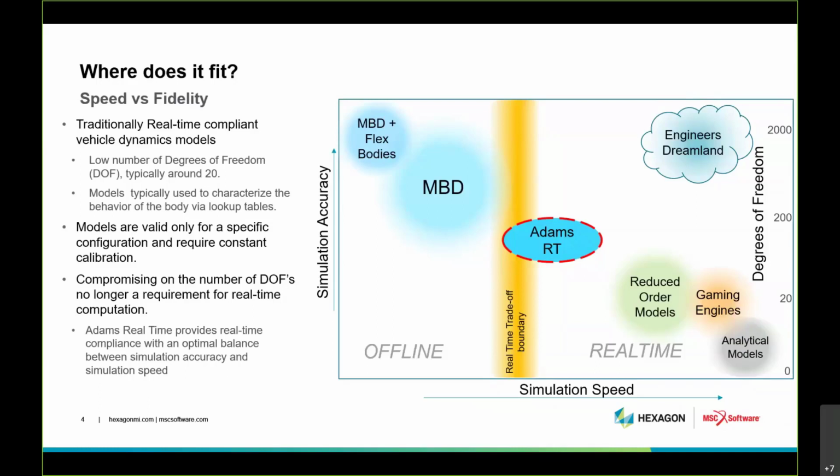What we're seeing is people are looking for higher results fidelity, and typically that means at higher frequencies. And so by preserving the topology of the models, we're able to deliver higher frequency response characteristics in the results.